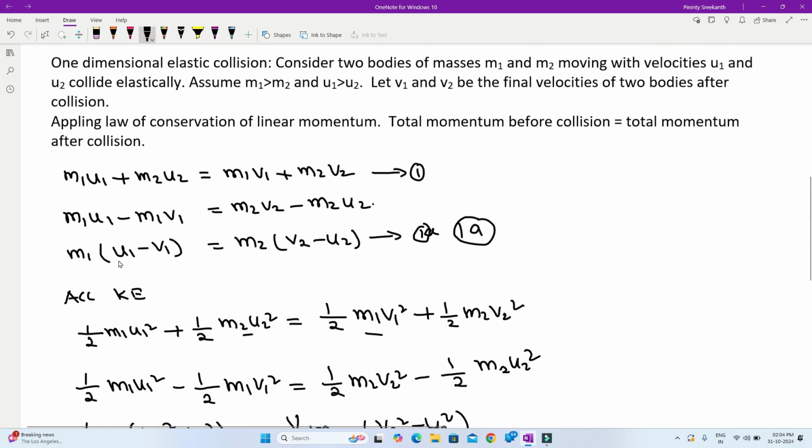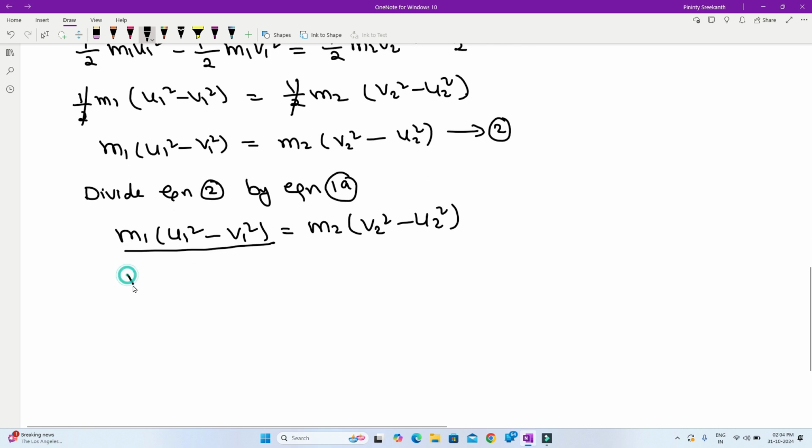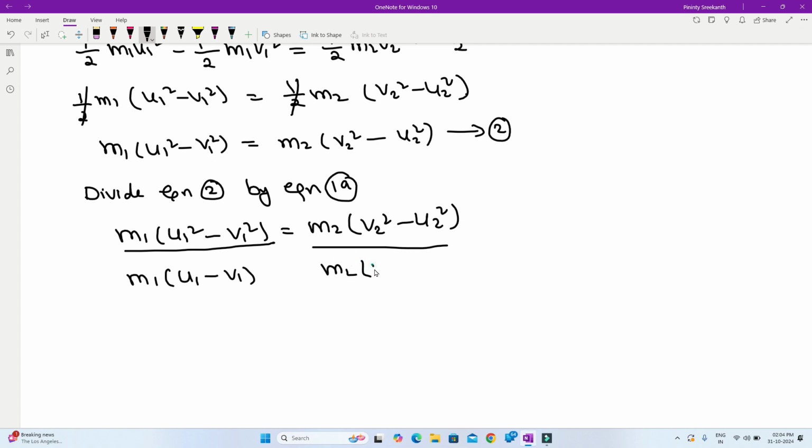This is m1 into u1 minus v1, this is m2 into v2 minus u2. So that is m1 into u1 minus v1 divided by m2 into v2 minus u2. Then m1 gets cancelled, m2 gets cancelled.